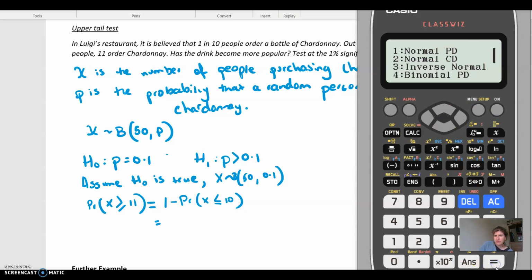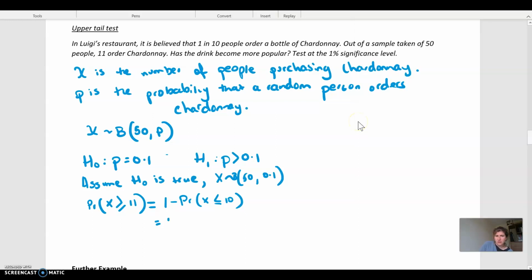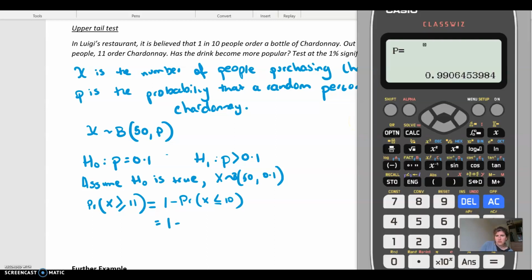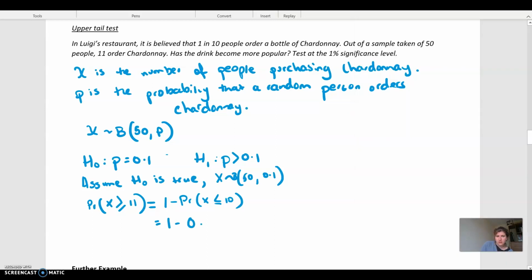Distribution again. X is 10, our n value is 50, our probability is 0.1. We calculate that and get 0.9906. So 1 minus 0.9906.